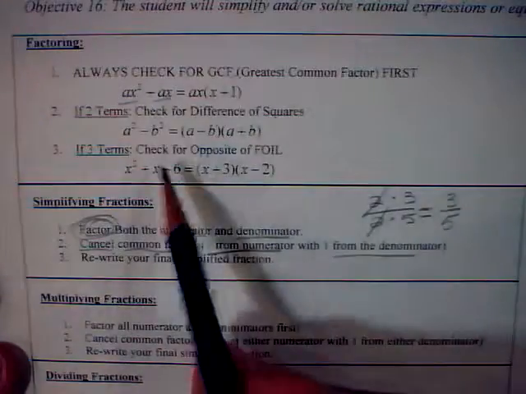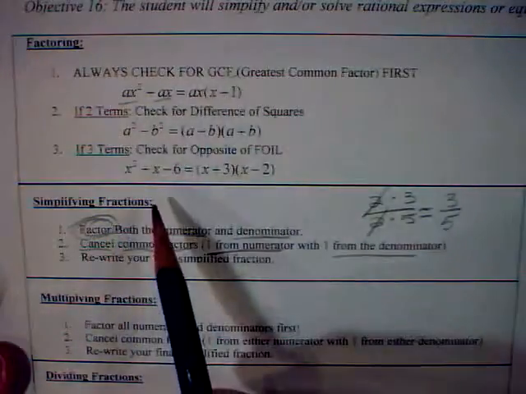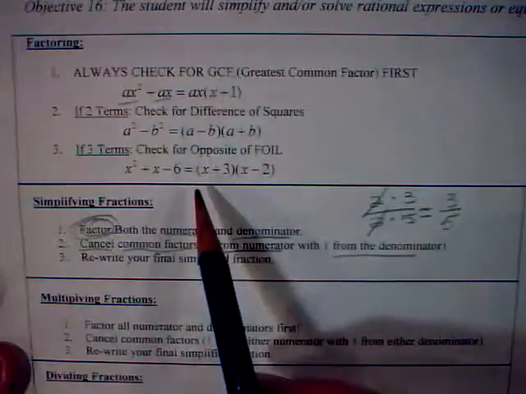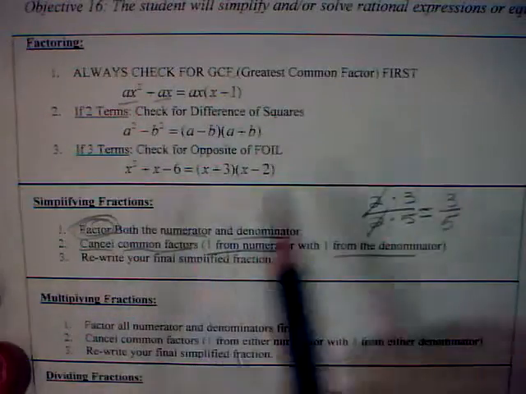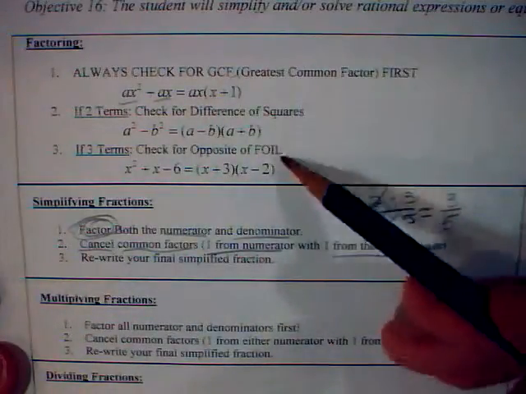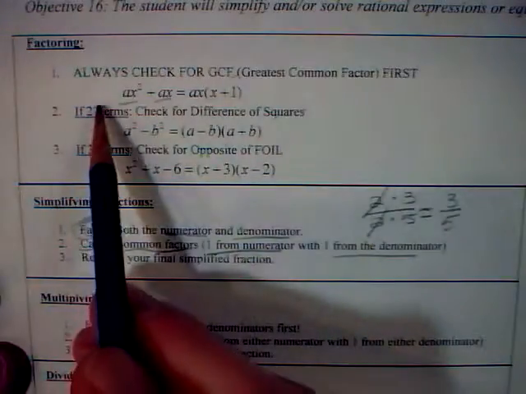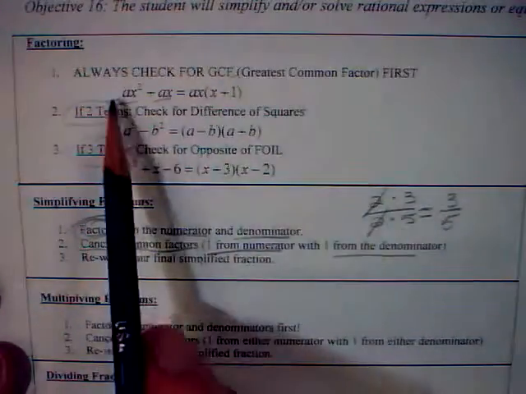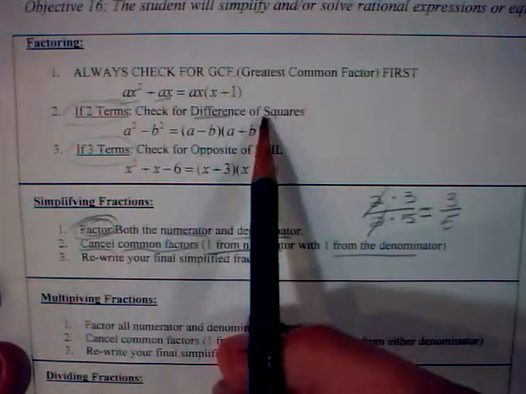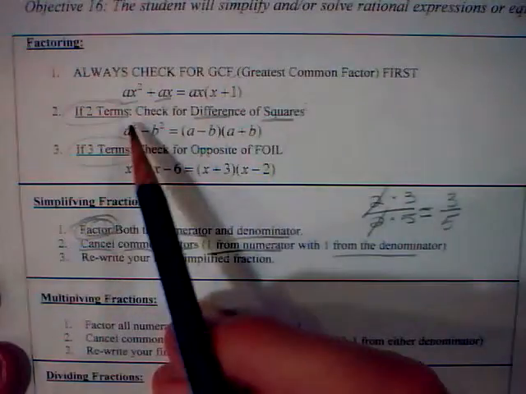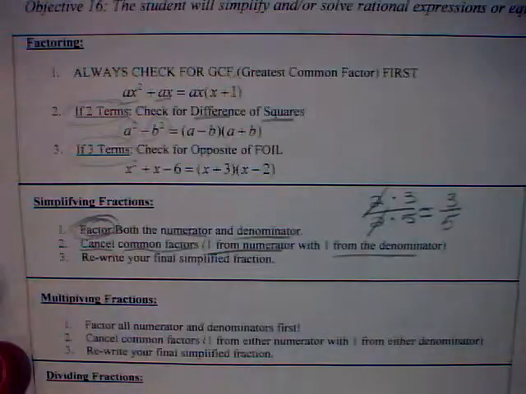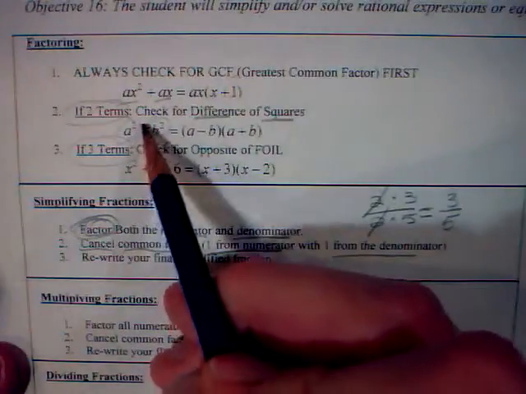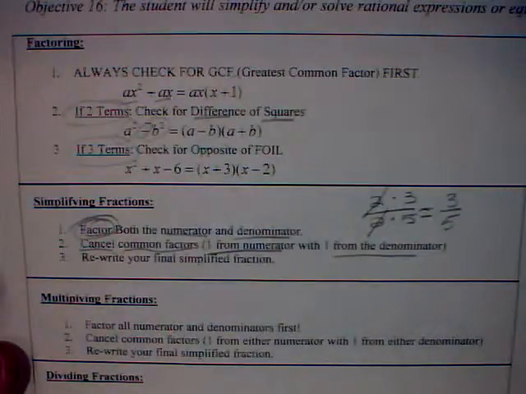Okay, and then if that doesn't factor using greatest common factor, or even if it does, you'd be left with one of two possibilities, and you have to decide if you have 2 terms or 3 terms. If you have 2 terms, you're really looking for a difference of squares, where you're looking for the first and the last term to be perfect squares, and then the sign in between to be subtraction.